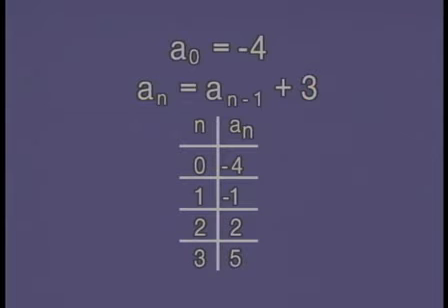We know that A sub 0 is negative 4, so we've written 0, negative 4. That is an ordered pair. A sub 1 is going to be A sub 0 plus 3. Well, negative 4 plus 3 is negative 1. A sub 2 is going to be A sub 1 plus 3, which is negative 1 plus 3 is 2. And A sub 3 is going to be A sub 2 plus 3. 2 plus 3 is 5.